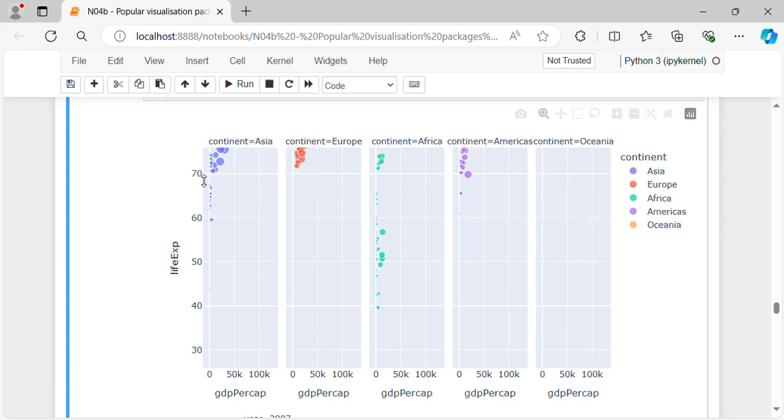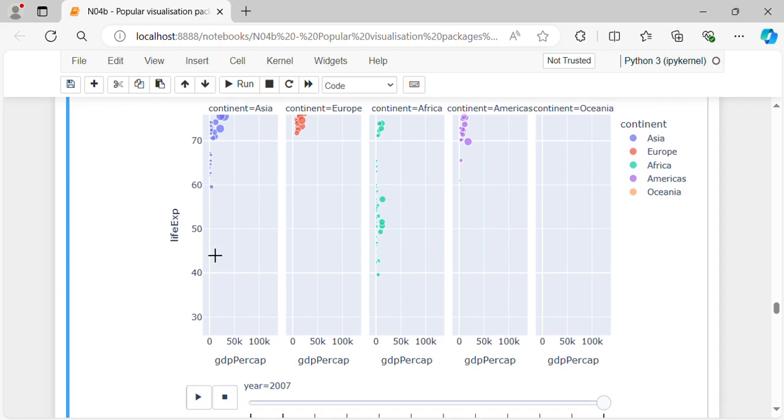So our x-axis is not enough to show that.